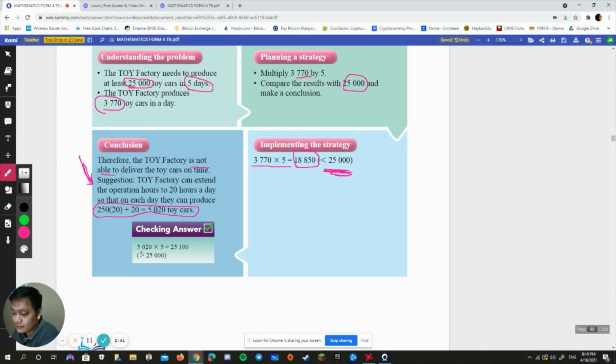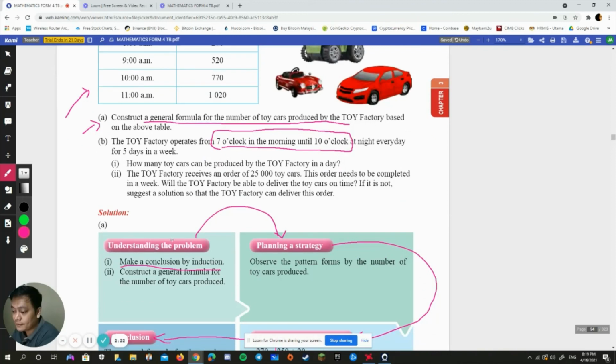Okay, if you multiply by 5 days, that is 25,100. So that is greater than 25,000. So if we produce more than 25,000, the toy factory will be able to fulfill the contract, or the toy factory is able to deliver the toy cars on time.